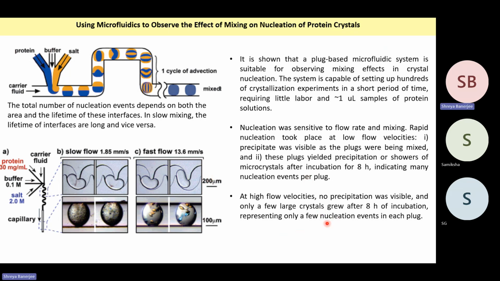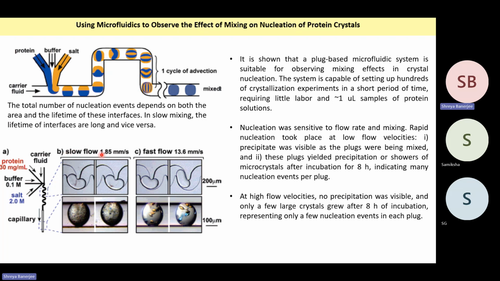One thing that was seen is that the nucleation was sensitive to the flow rate and mixing. So when the flow rate was very low, the nucleation happened very fast, and so crystals were also formed fast. But if the flow rate is high, there was no nucleation visible, and you can see the example shown here.